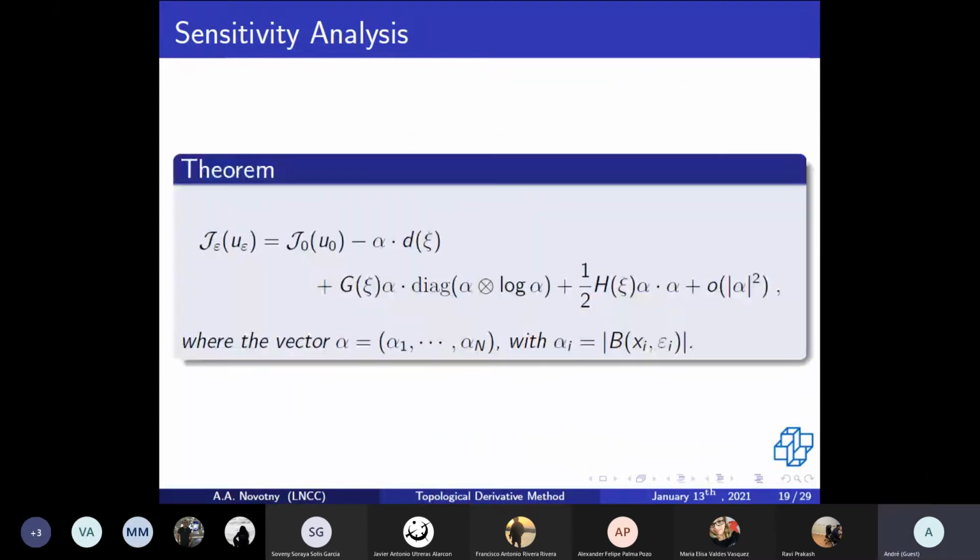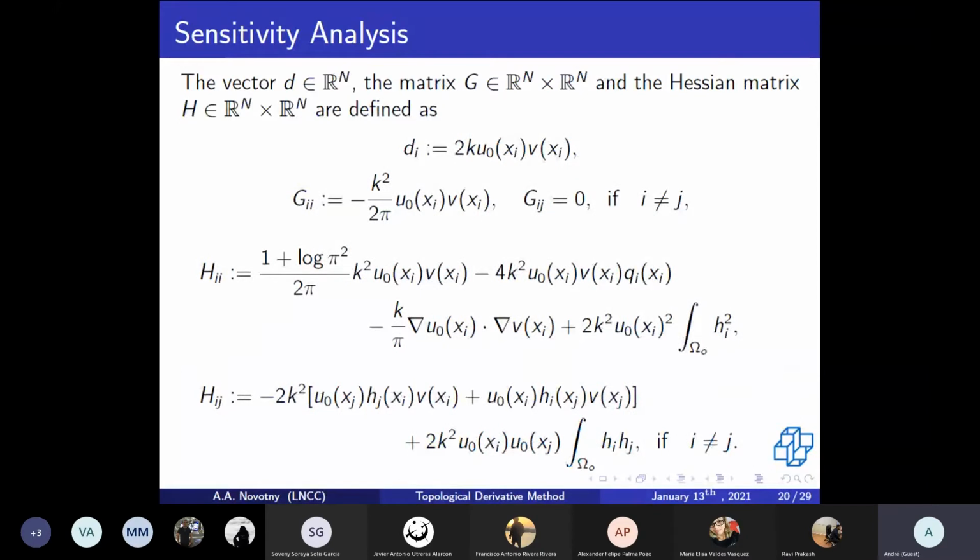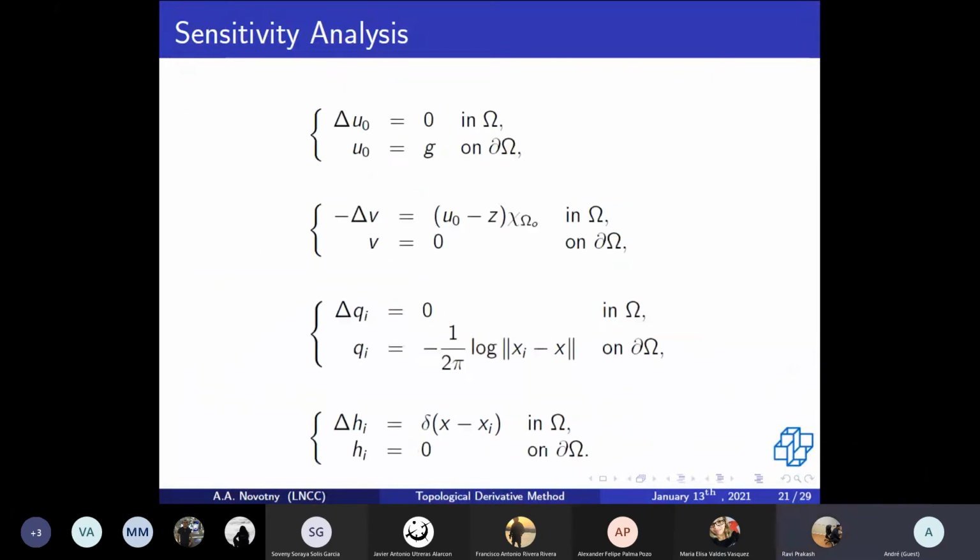The entries of the vector d are given by this quantity, which is u0 at the point where we are introducing the perturbation, times v. V is the adjoint state, solution to this problem. Remember that u0 is the solution to this problem, since we take small omega as the empty set, so the problem free of any anomaly.